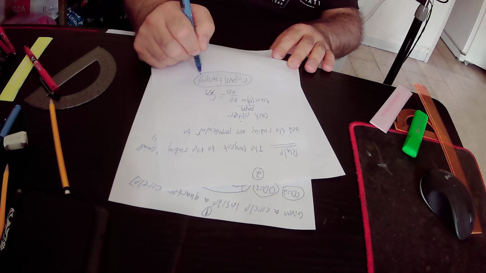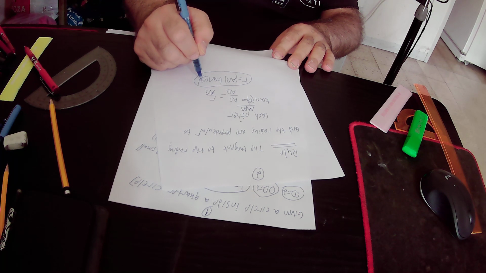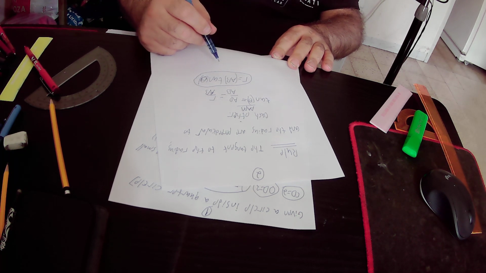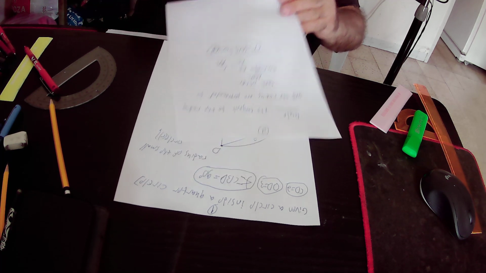Okay, so in order to find out the radius of the small circle, we must find the value of AB and the value of tangent theta.